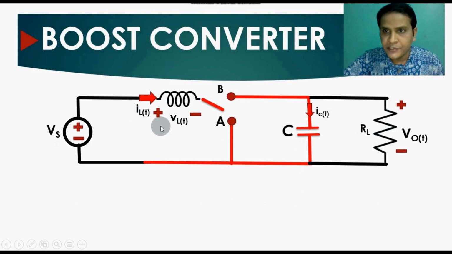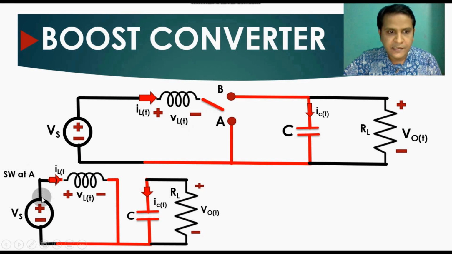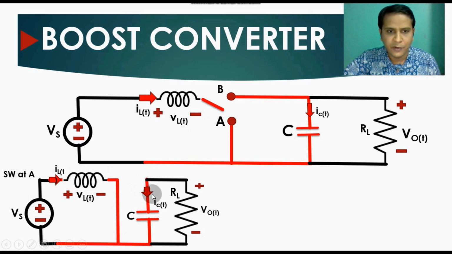Now let us assume that this switch is connected at position A. So this is the equivalent circuit for your boost converter when the switch is at position A. You can see your supply is connected to your inductor, then this goes to here, and then you have your capacitor and your load resistance connected.